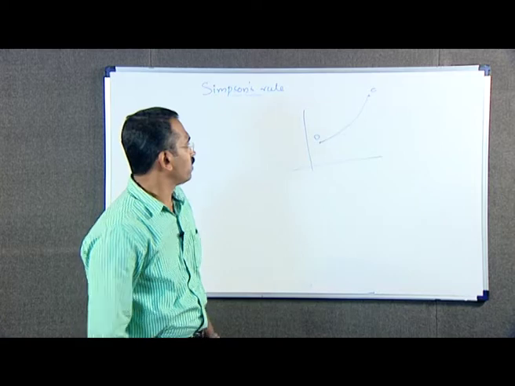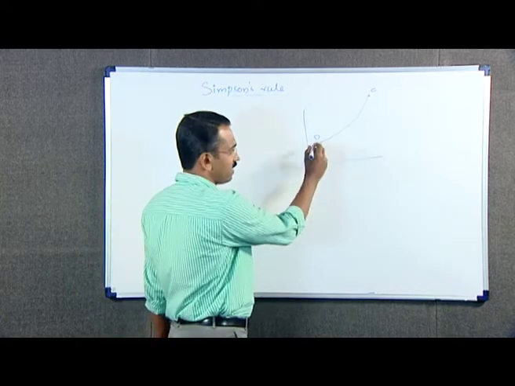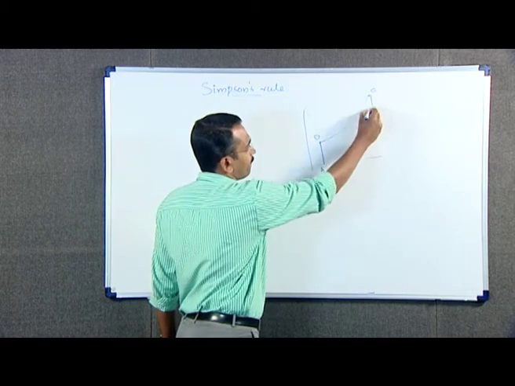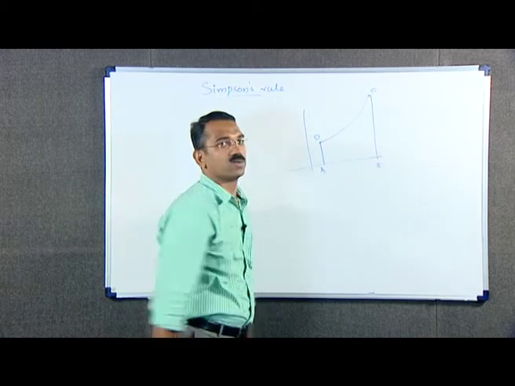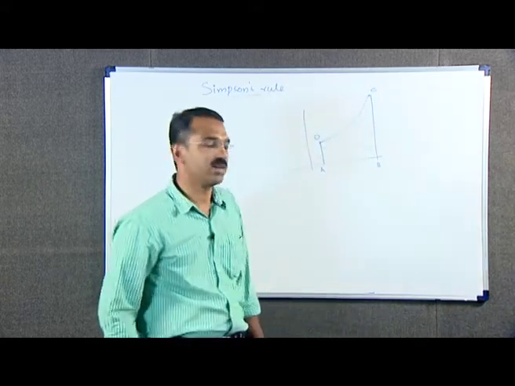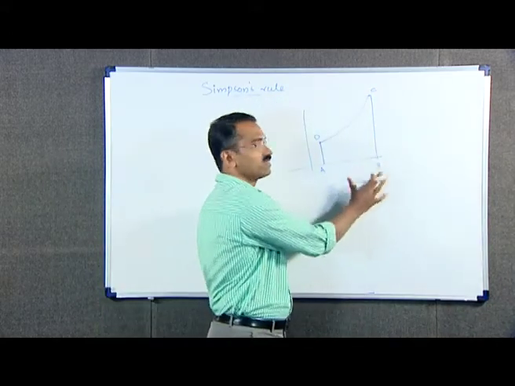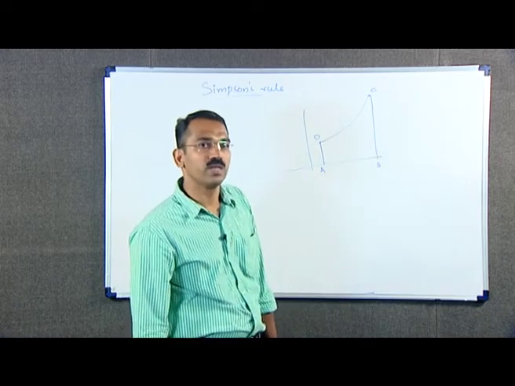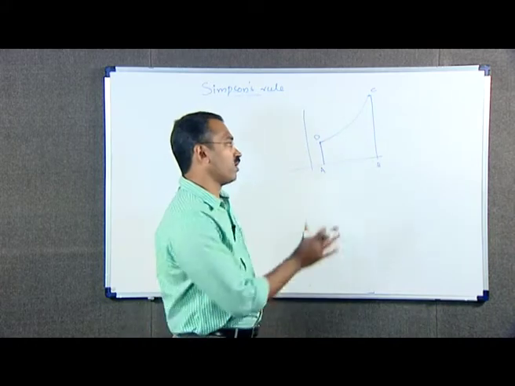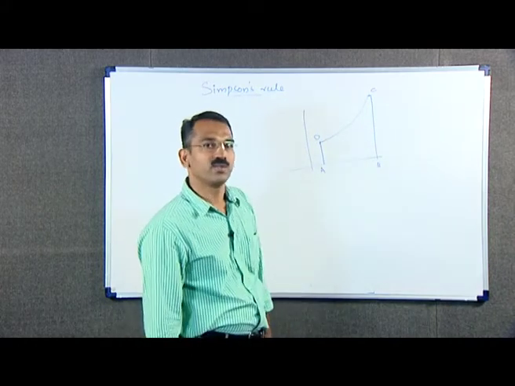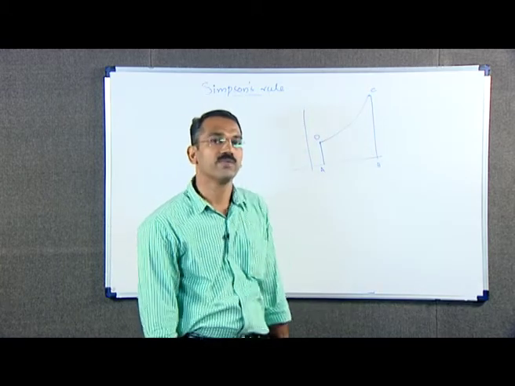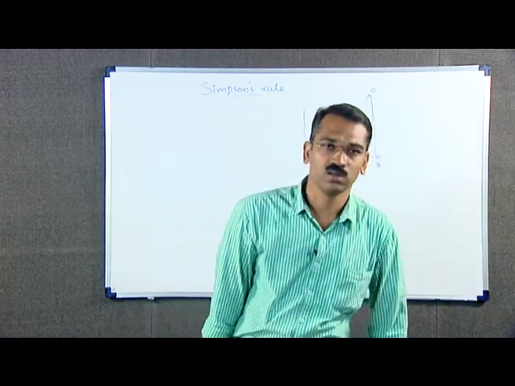Now, we draw the perpendiculars DA and CB to the x axis and divide this length AB into an even number of equal parts of the same width by means of the points x1, x2, etc., x2n plus 1.